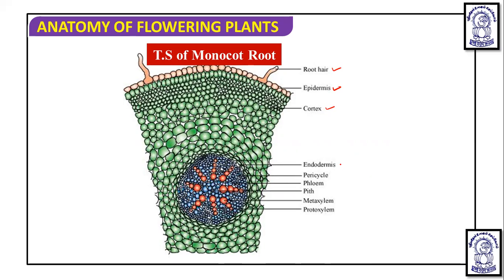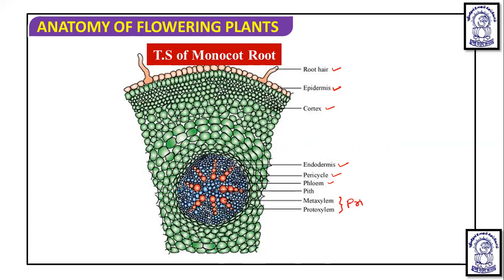Obviously, hypodermis is absent. The innermost layer is endodermis. Inner to endodermis, you will see the pericycle, and then phloem and metaxylem, protoxylem. This metaxylem is the inner one, large in size, and protoxylem is small in size.